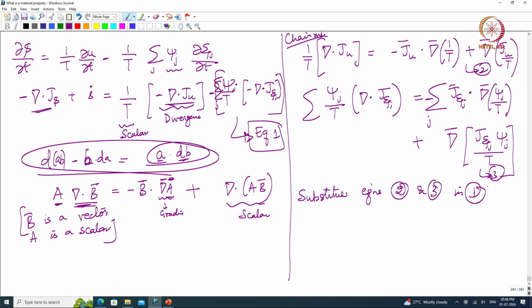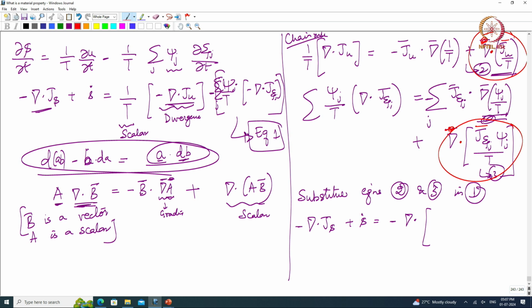So, what I get then is minus del dot Js plus S dot is equal to minus del dot, I am going to combine this term and this term, sorry let me just write it in red, I am going to combine this term and this term, right, because everything is a del dot, it is not a gradient, it is a divergence, right.